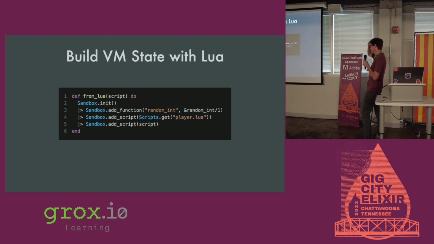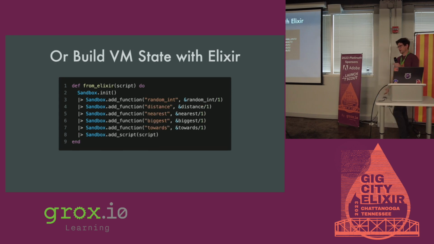And then we add the script at the end that can take advantage of any of the functions in player.lua, or we could skip the player.lua and define all of those functions in Elixir, expose them into the VM, and then add a script that gets passed in. And when this happens, we're able to parse and compile this chunked Lua VM that we can just run against.